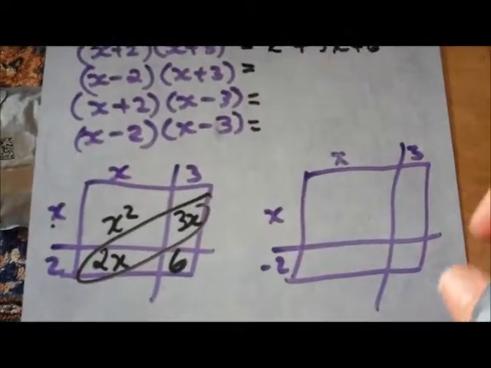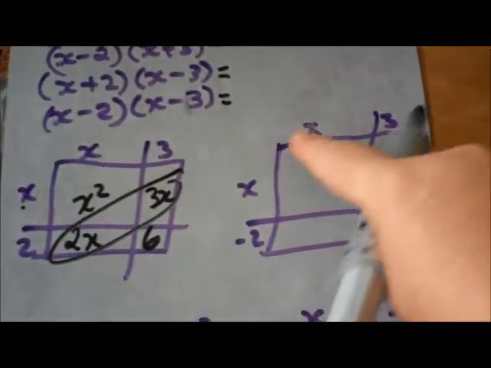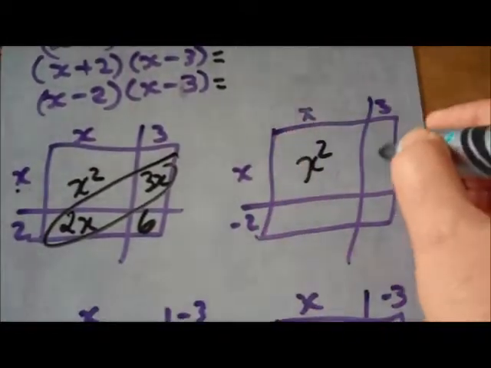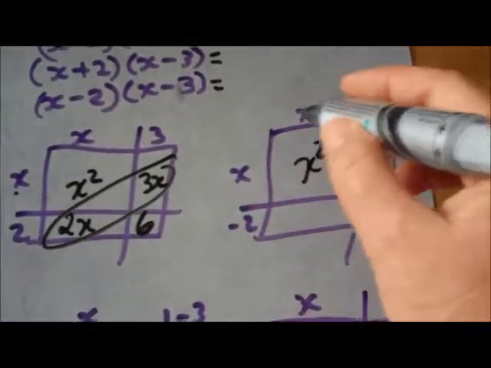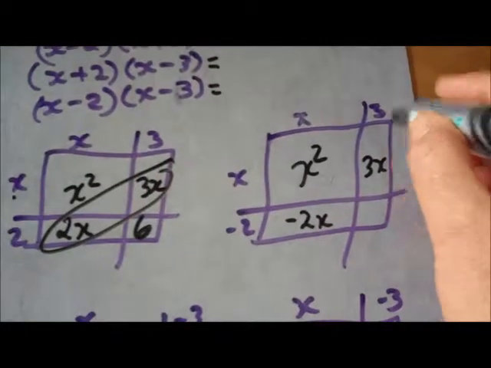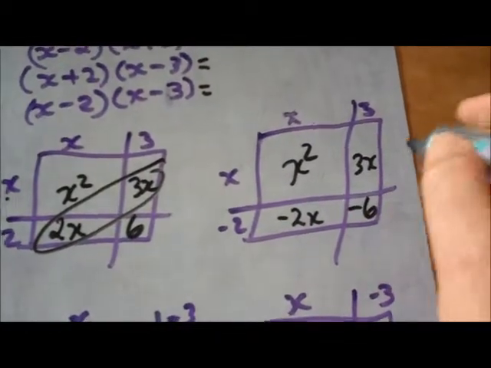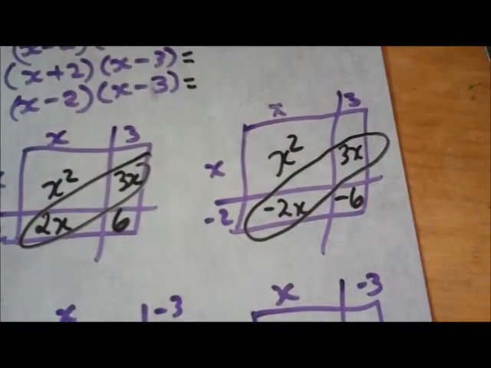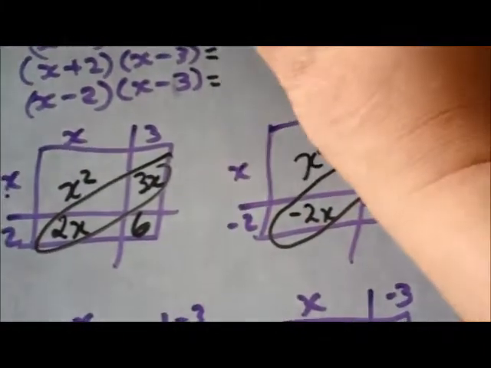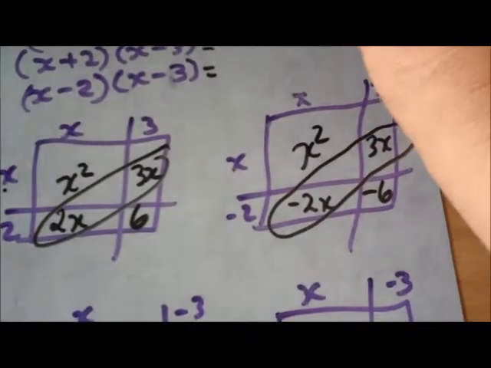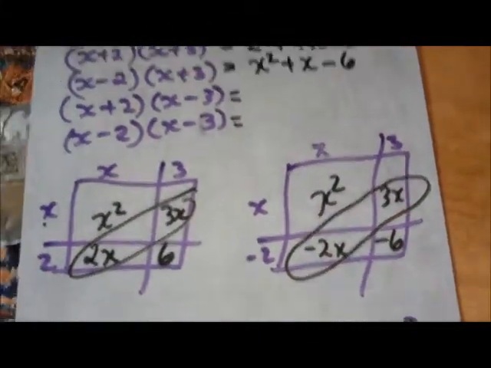The next one, x minus 2 times x plus 3 gives me x squared. X times 3 is 3x. Minus 2 lots of x is minus 2x. Minus 2 times plus 3 is negative 6. When I add these two together, 3x minus 2x is just x. So this would give me x squared plus x minus 6.